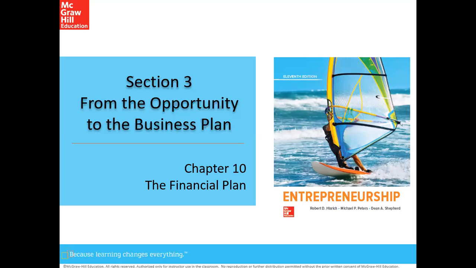So basically, we'll be talking more about how you find a financial plan and how you do your pro forma, and how you get the loan and how you get financial needs and how you do the calculation for that.